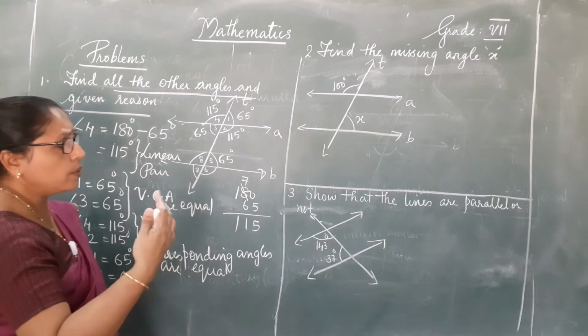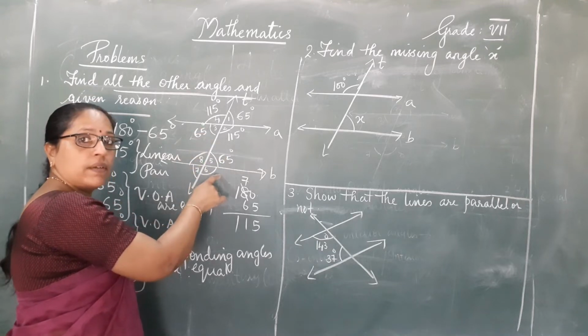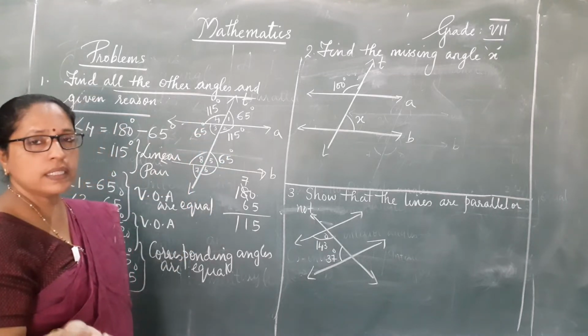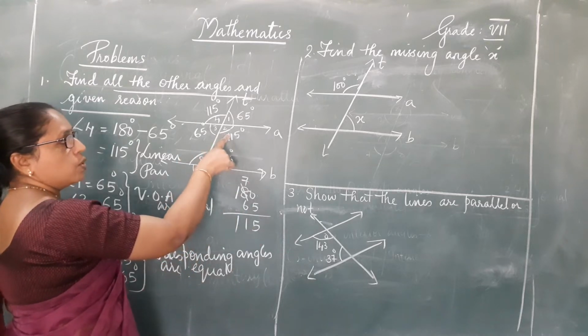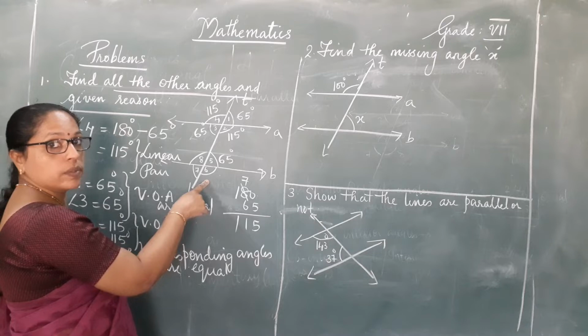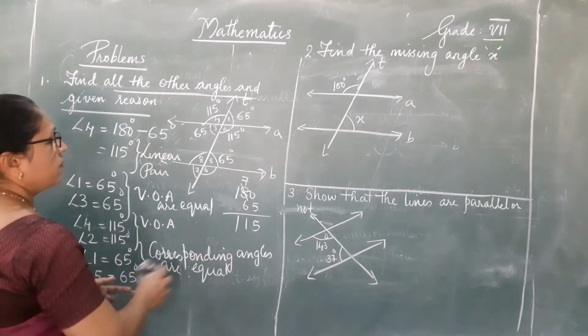Or if you don't want corresponding, you can use these two, angle 3 and angle 5. They are alternate interior angles. Any property can apply. Now coming to the other one.